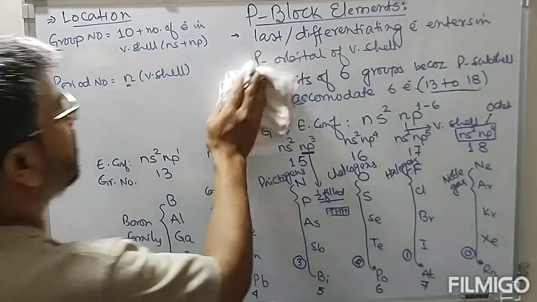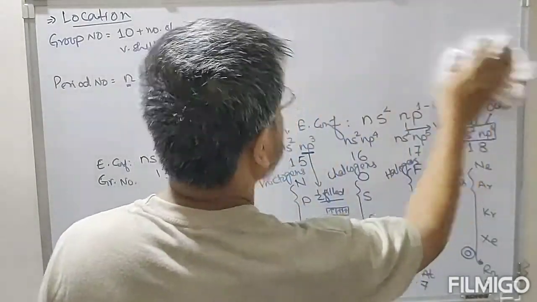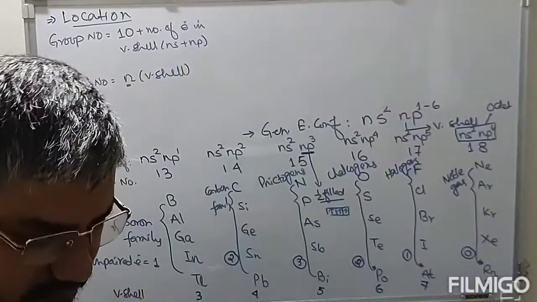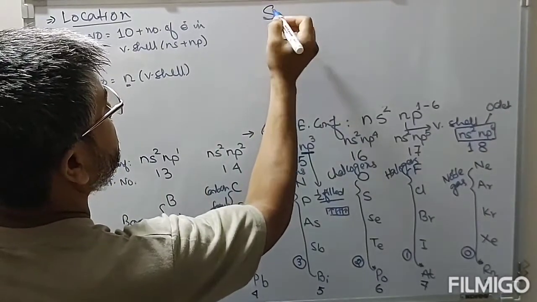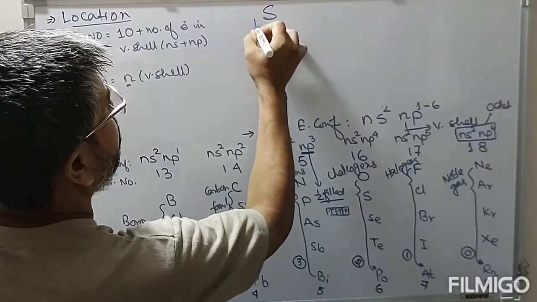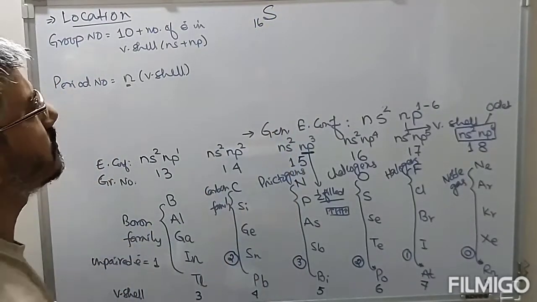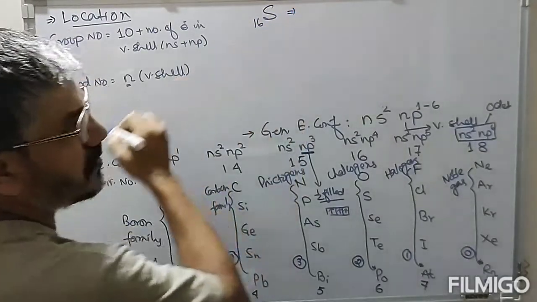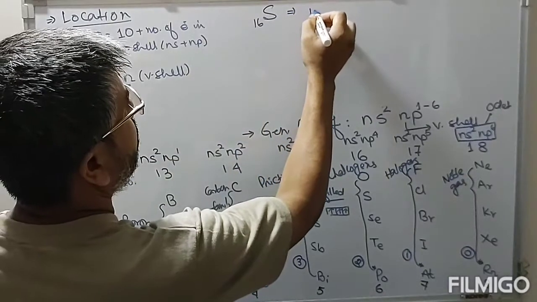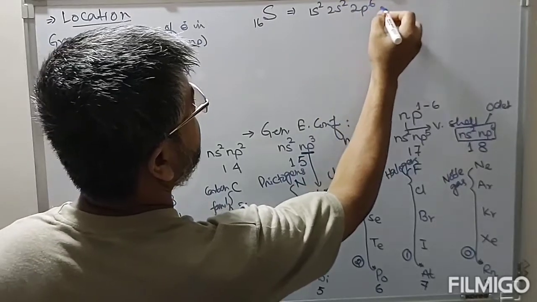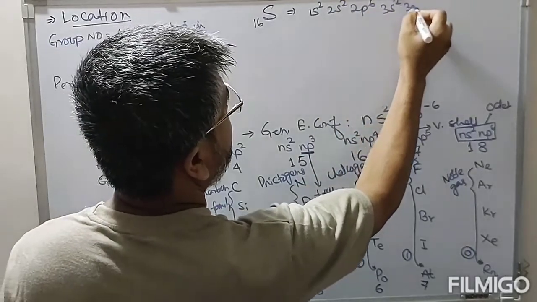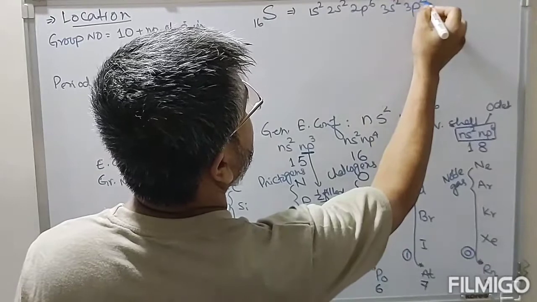Let me give you an example. Look at this, sulfur, atomic number 16. Let's write the electronic configuration. We have 1s2, 2s2, 2p6, 3s2, 3p4.